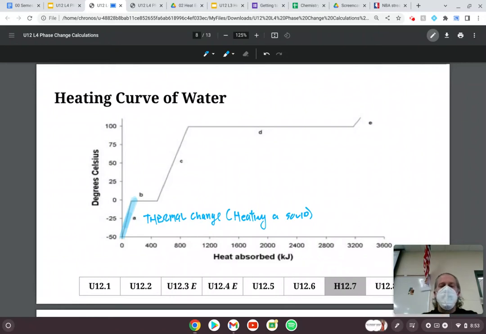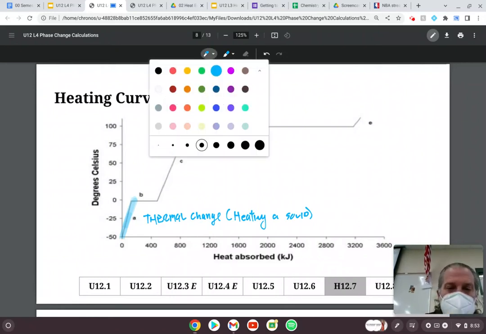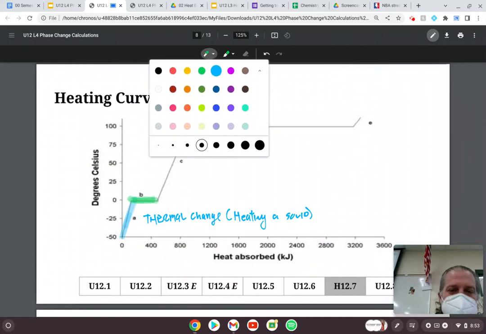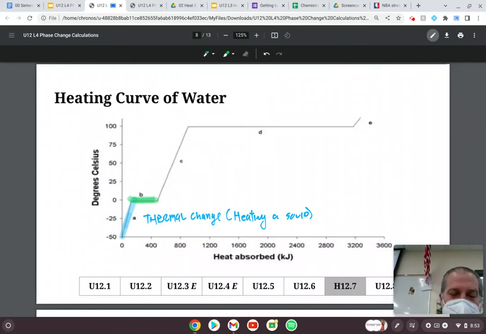Okay. And when you get to the next part, it looks like that plateaus a little bit. The temperature stays the same for a period of time, or a period of amount of energy that's being added. At that point, the temperature is staying the same, but what's actually occurring is a phase change, going from a solid to a liquid.